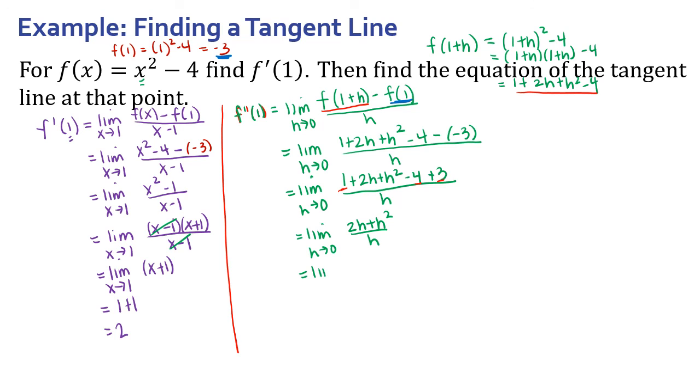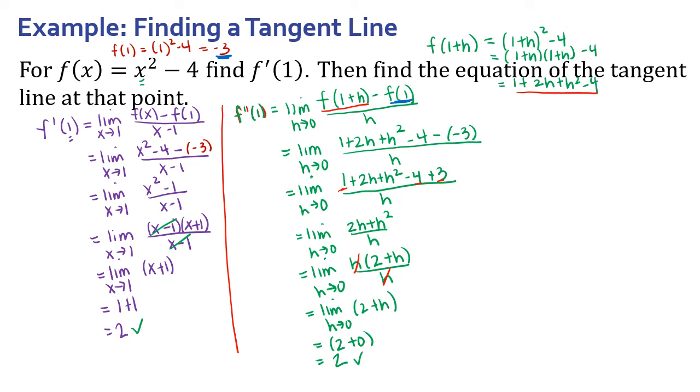Now this is great because I can actually factor an h out of that numerator. And the reason that's helpful is that now these h's are going to cancel, and I'm left with the limit as h approaches 0 of 2 plus h. So now I can actually substitute 0 in for h and evaluate that limit, and I get 2 plus 0, which is 2.